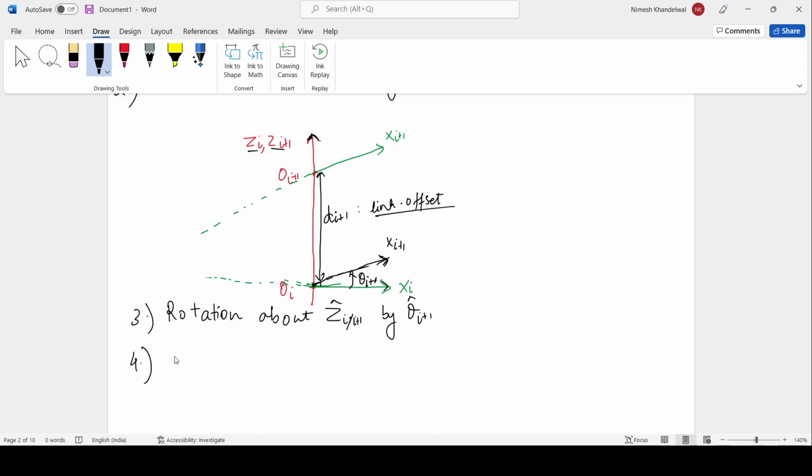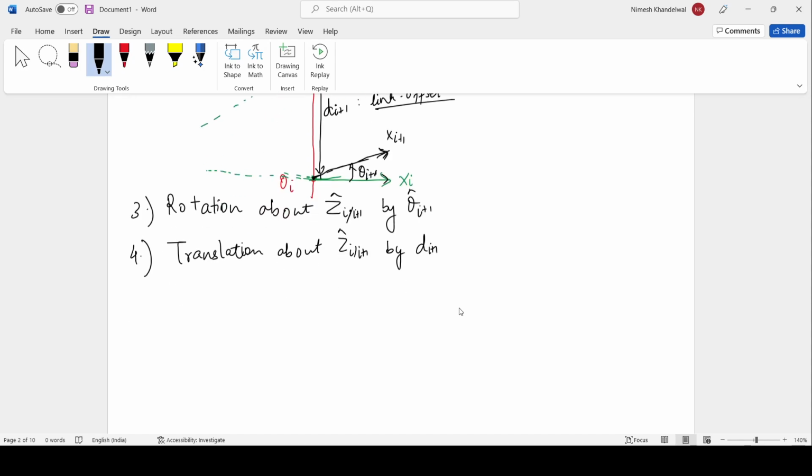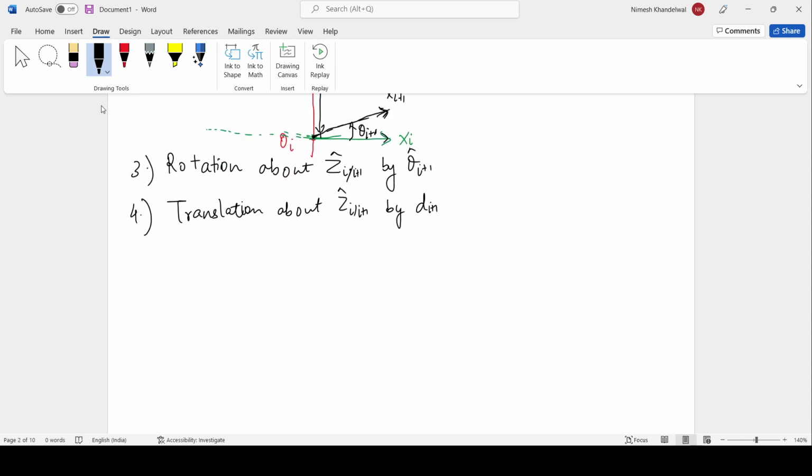Okay, so once I do this translation about z axis, again, it doesn't matter if it is I or I plus 1, by d I plus 1. After these further two transformations, both of the frames perfectly coincide with each other.